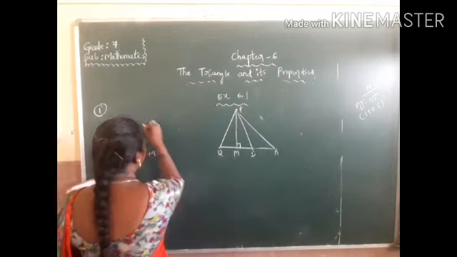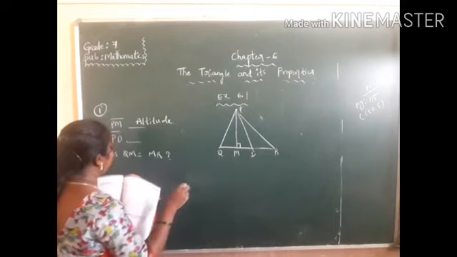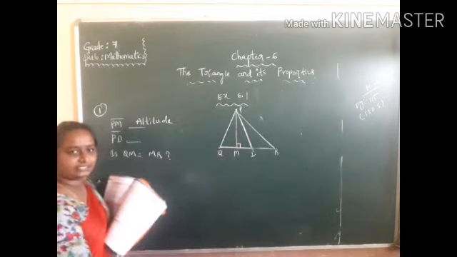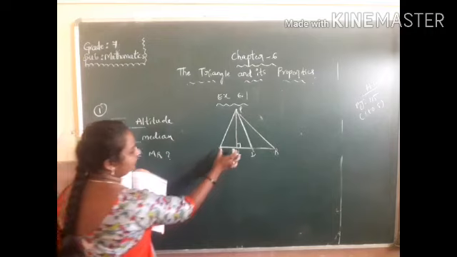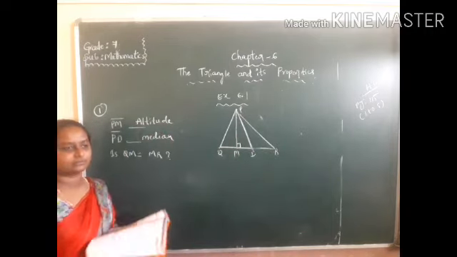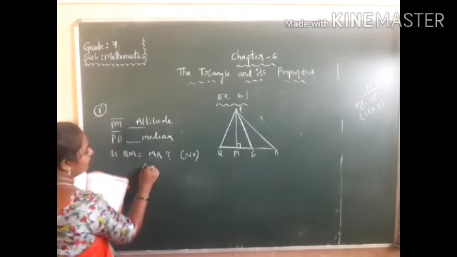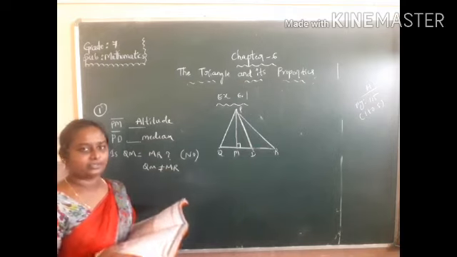Yes, that is altitude. So line segment PM is altitude. And what is PD? Yes, it is median. Now, is QM equal to MR? Are both the same? No, QM is not equal to MR.